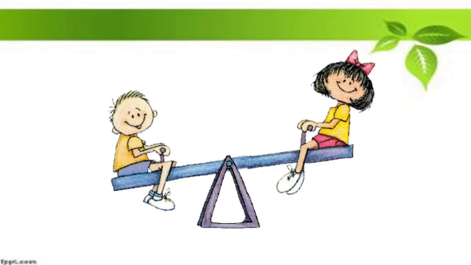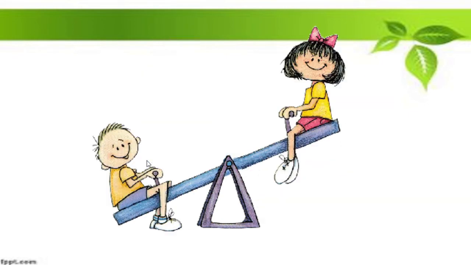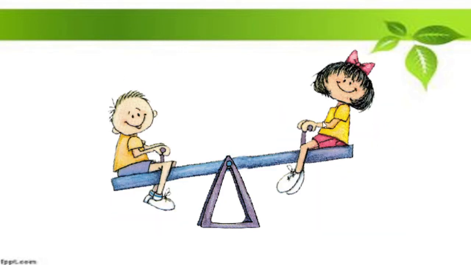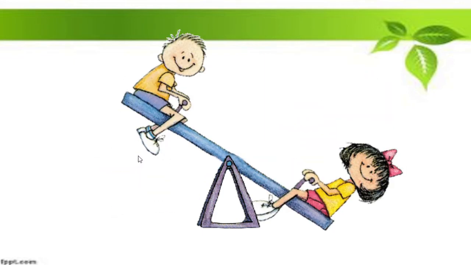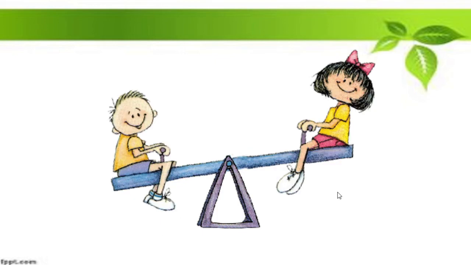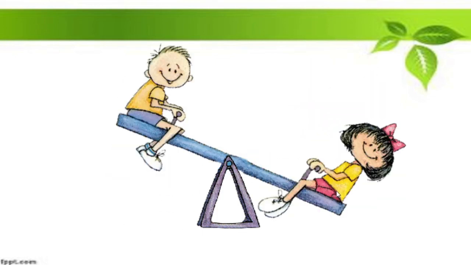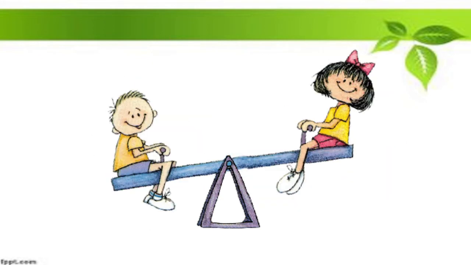Wherever the weight is more, that side goes down. And where the weight is less, that goes up. Isn't it? See here, the boy is weighing more, so he is going down. Here the girl is weighing less, so she is going up.